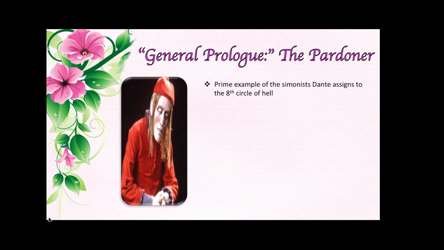The pardoner is almost immediately identified as a Simonist, and Simonists were a type of sinner that Dante assigns to the eighth circle of hell. A Simonist is a person who makes money through religious fraud.